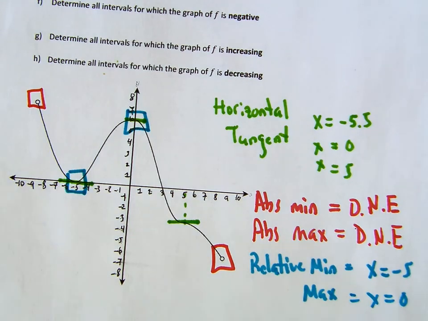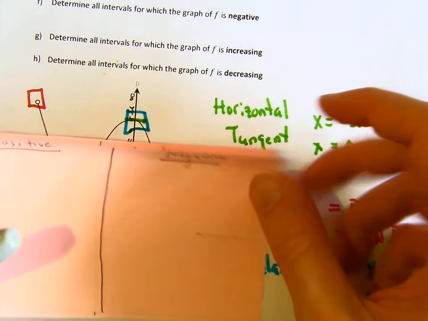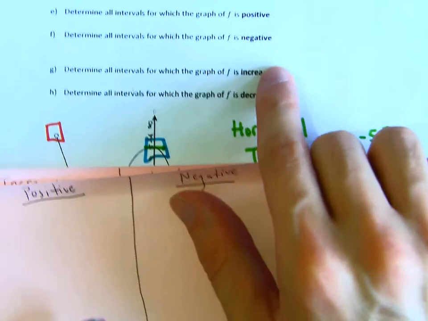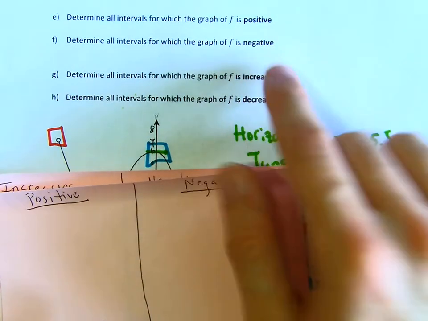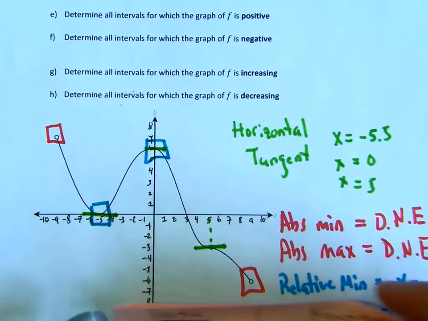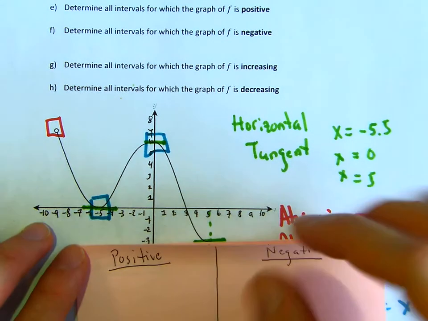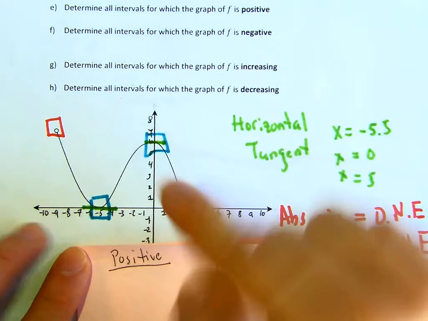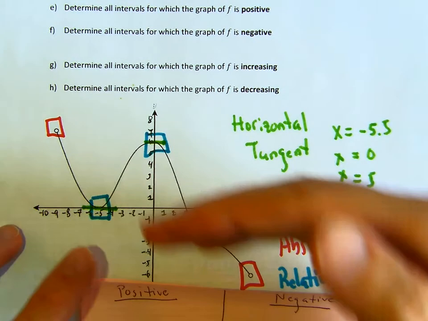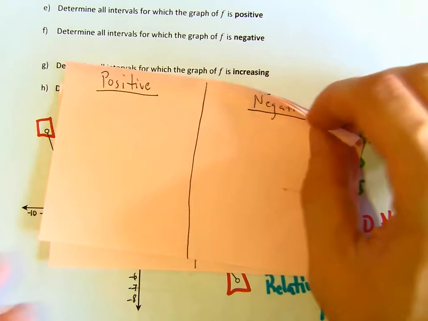We're almost done. For this question, it's asking when is the graph positive and when is the graph negative, and what does that mean? A graph is positive when it is above the x-axis. A graph is negative when it's below the x-axis. So let me write that down.